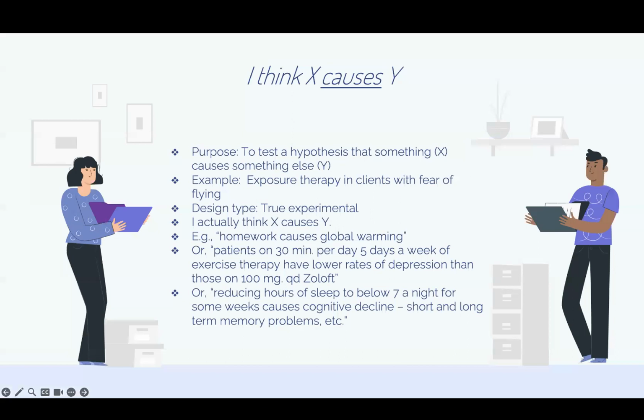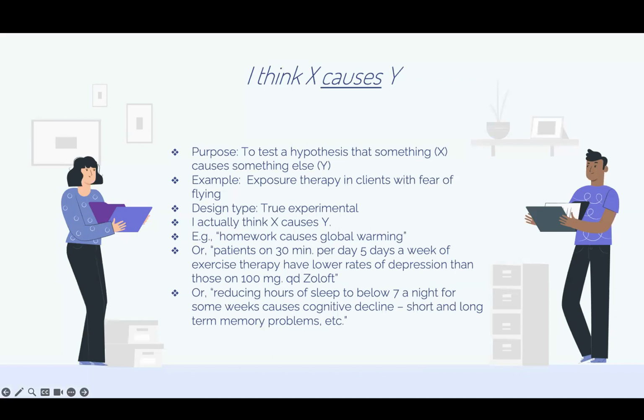The primary aim here is to test a hypothesis that proposes a causal relationship where one variable X is presumed to cause another variable Y. So for instance, let's consider exposure therapy, a psychological treatment that has been shown to reduce the fear of flying in clients.